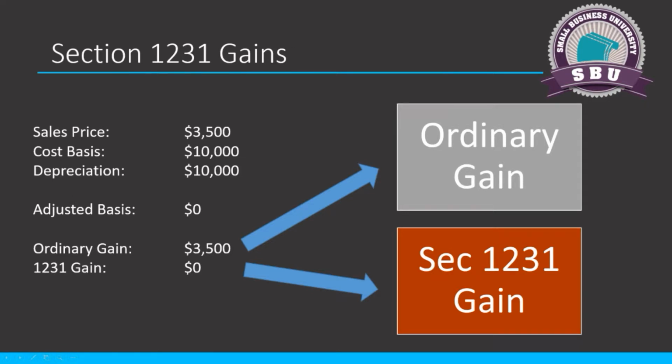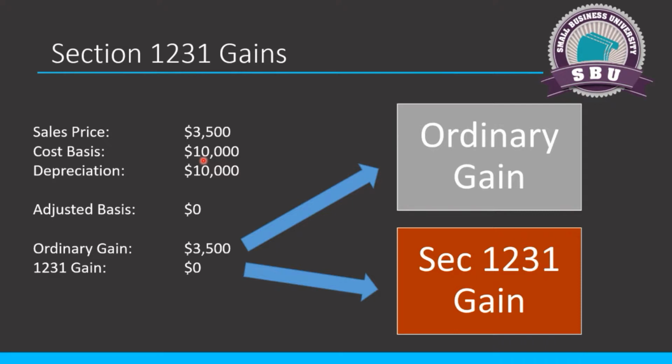I'll grab my highlighter. We'll highlight some stuff here with the laser pointer. Here we go. So the sales price was $3,500, but we originally bought it for $10,000, and the depreciation that we took on it was $10,000. So the basis is $0. Now, when I sell this, because the basis was $0, that is going to be ordinary gain. Okay? And that's because we're recapturing depreciation that we took.